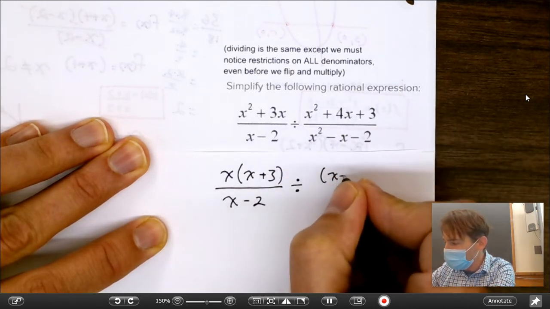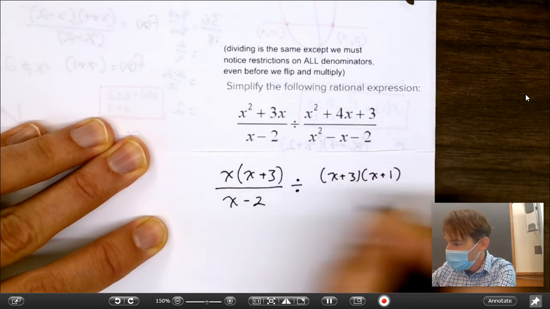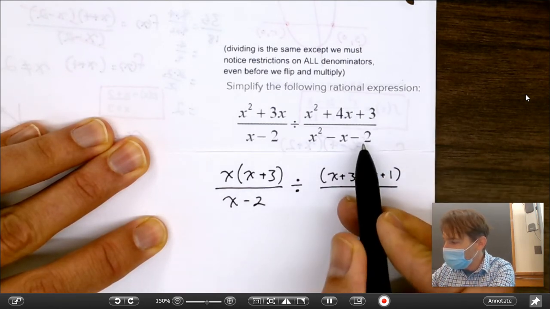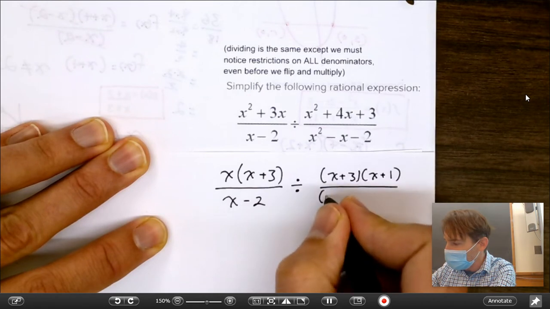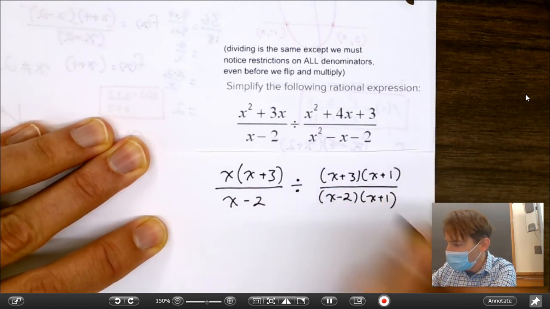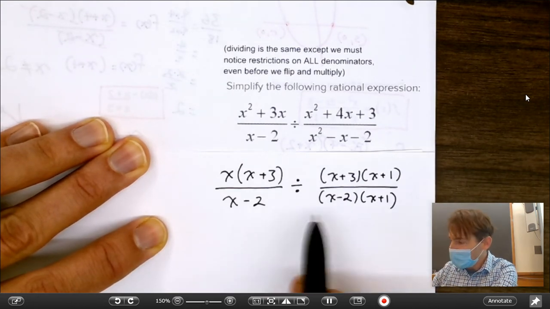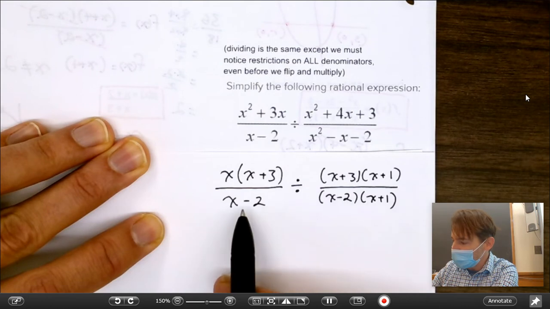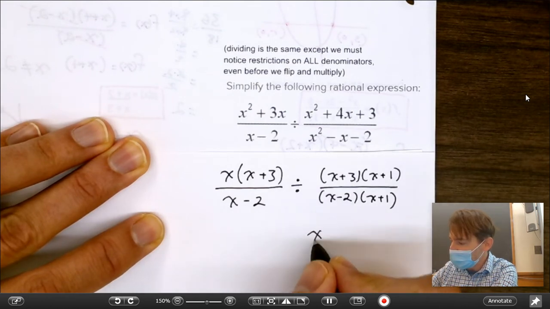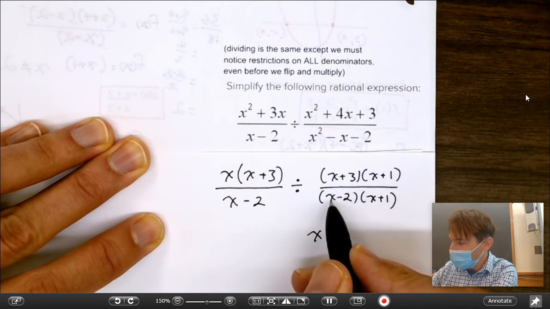That's x plus 3 multiplied by x plus 1, all divided by numbers that multiply to -2 and add to -1. That's x minus 2 times x plus 1. Okay, so now that's fully factored. Now I state my restrictions on the domain. So x cannot be -1 or 2.